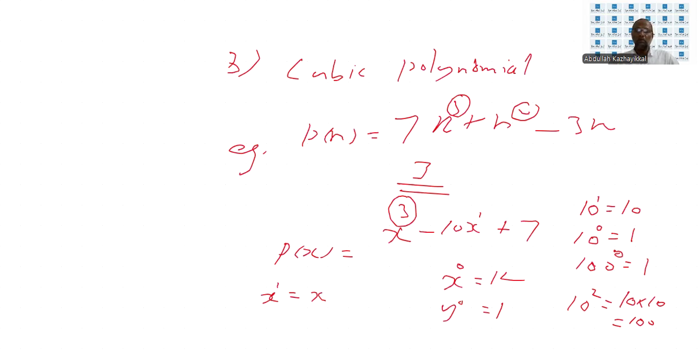No fraction, no decimal, no negative integers. Decimal is a fraction. So an algebraic expression whose power of the variable is a whole number is called a polynomial.